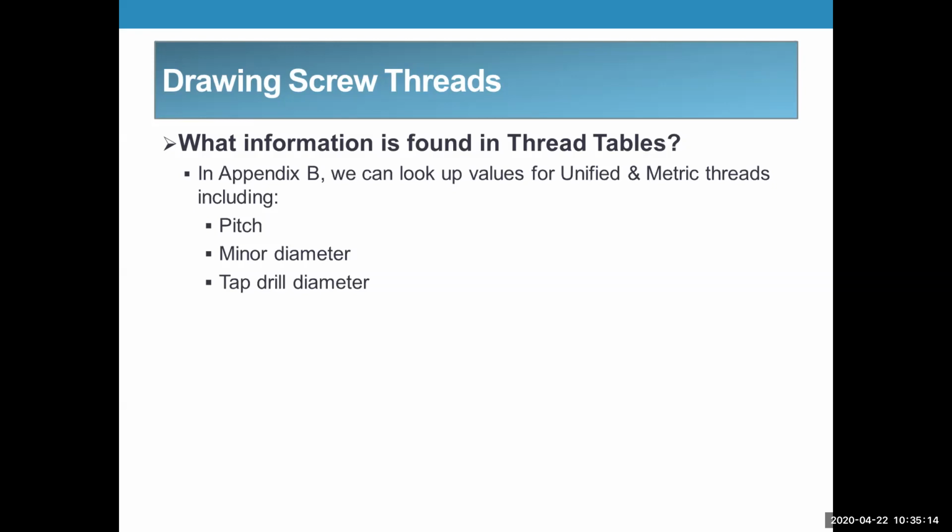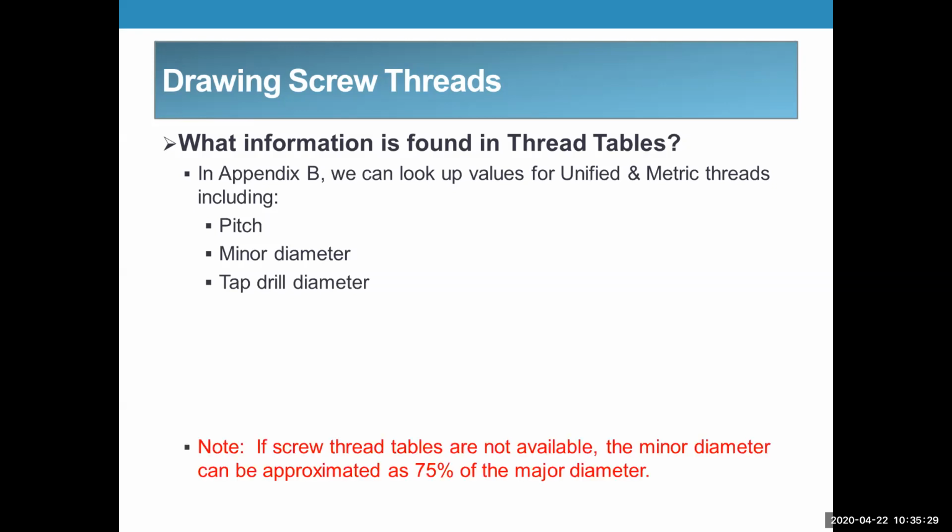We're going to look up some values for unified metric threads, so we can find the pitch, the minor diameter, and the tap drill diameter. Usually, if you don't have information on hand that you need, you can assume that the minor diameter is about 75% of the major diameter.